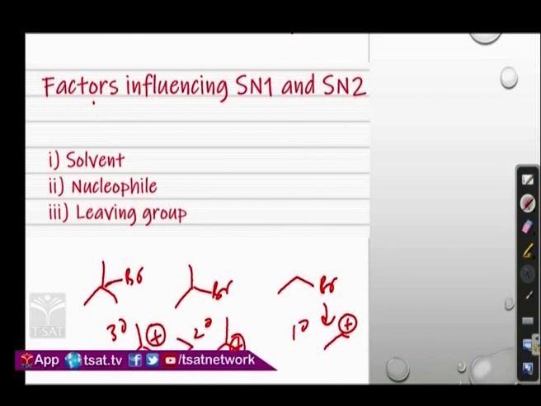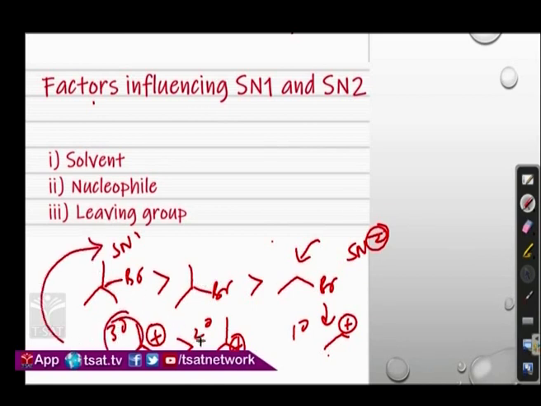So the SN1 tendency in the tertiary alkyl halide will be more, and in the primary alkyl halide less. For SN2 it is reversed, since a stable carbocation will not generate and the reaction is not in the polarized way. So tertiary alkyl halide goes more towards SN1, primary alkyl halide more towards SN2.